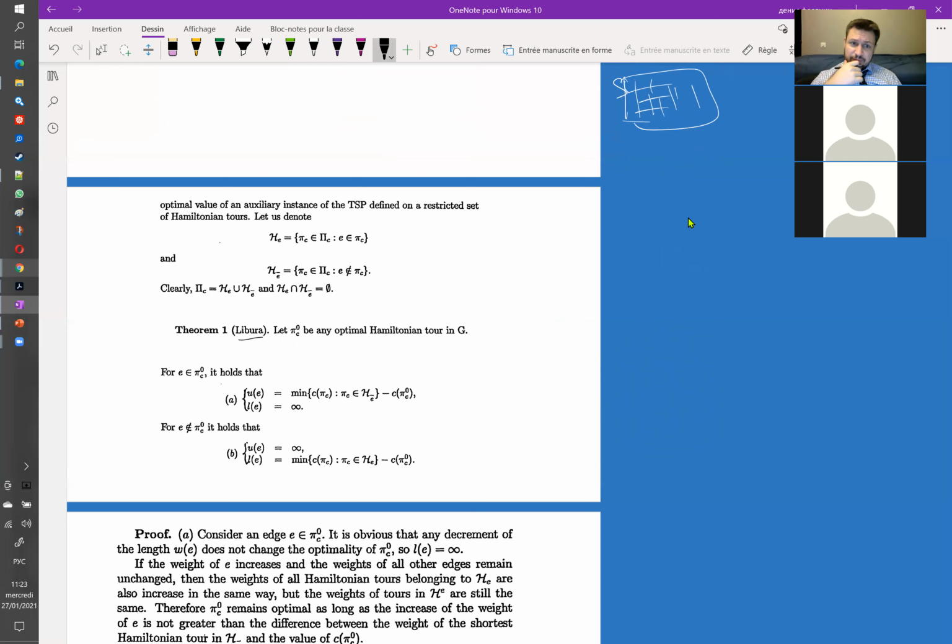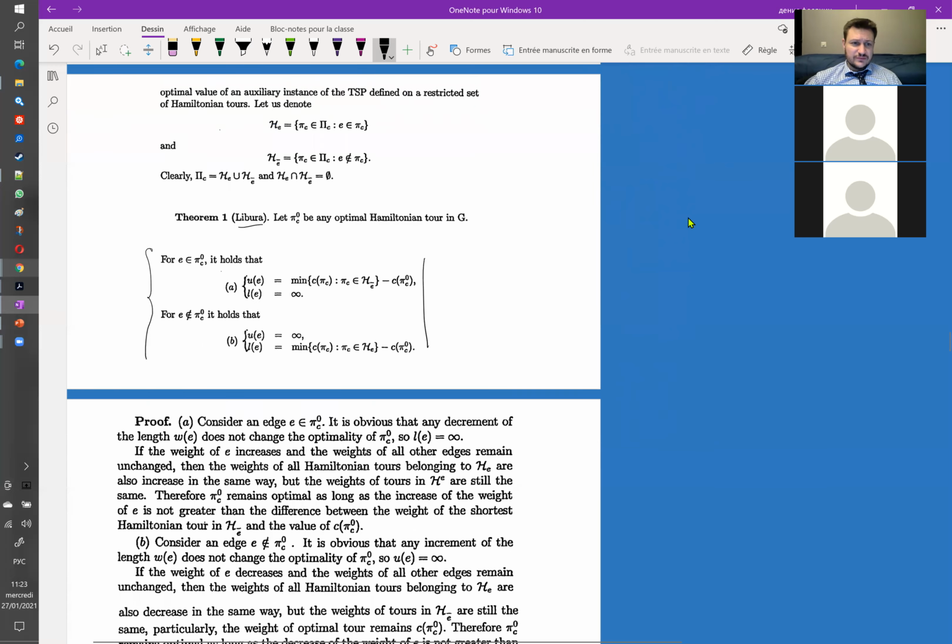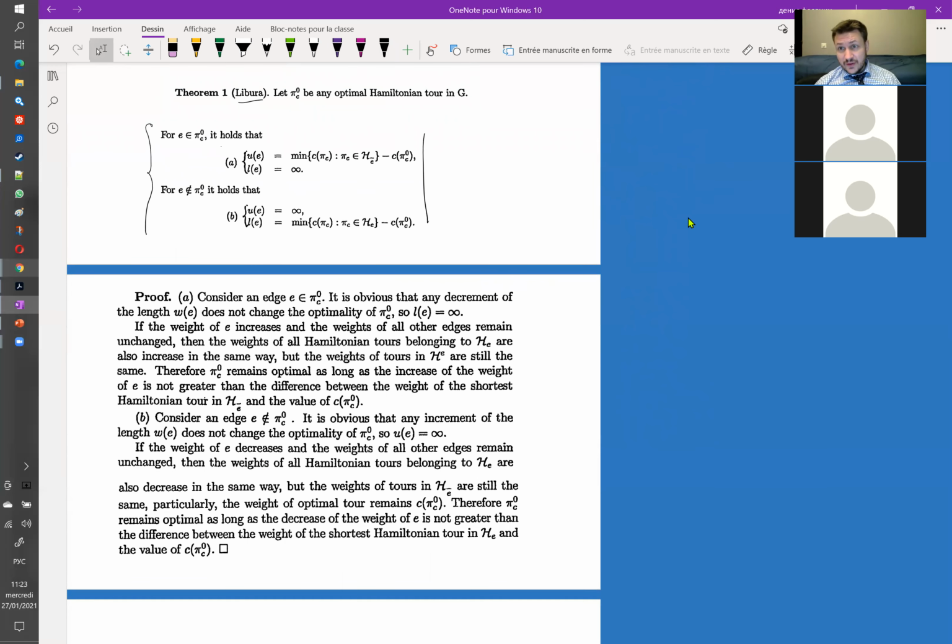And he has proved that the tour is an optimal tour in the graph, if we have an optimal tour here. Well, I don't think I should focus on this proof. I would just like to show that there is a theorem about this, and it was proved before.